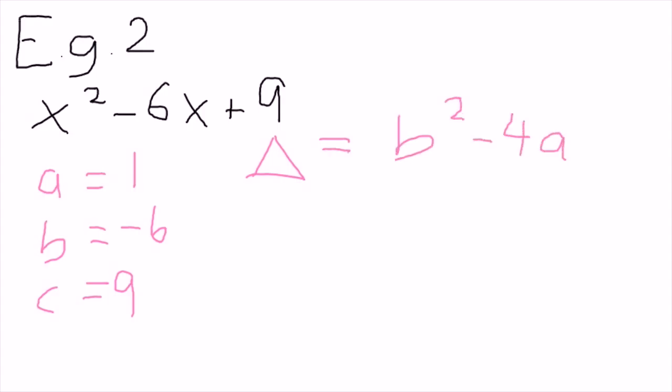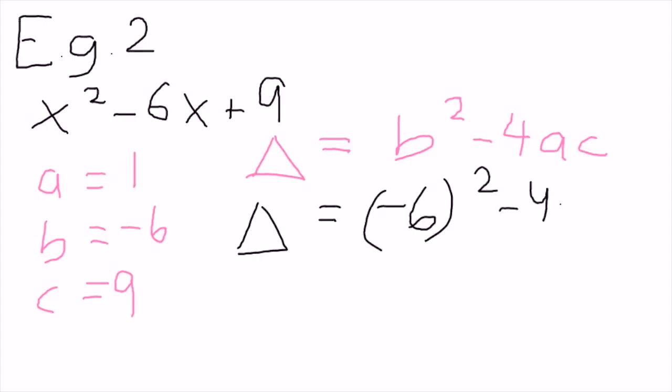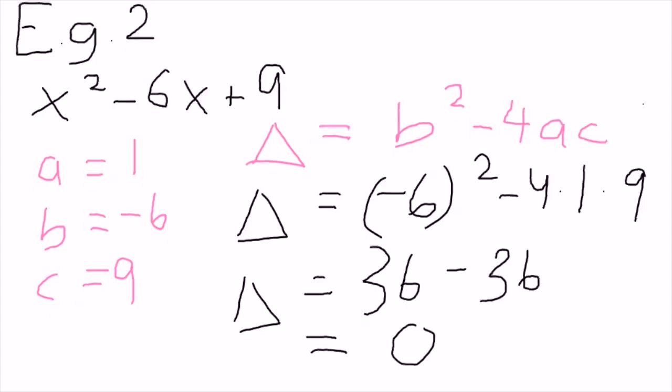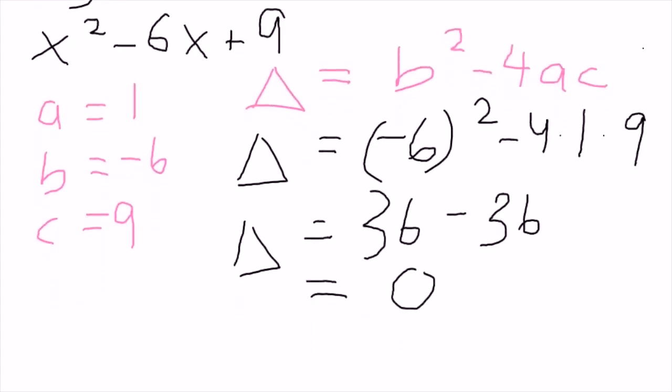And if we substitute in the values, delta is equal to minus 6 whole squared minus 4 times 1 times 9. So delta is equal to 36 minus 36, which equals 0. So you know that in this quadratic equation, you have one real solution.